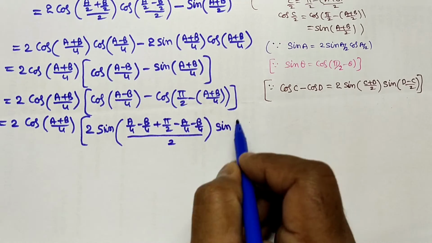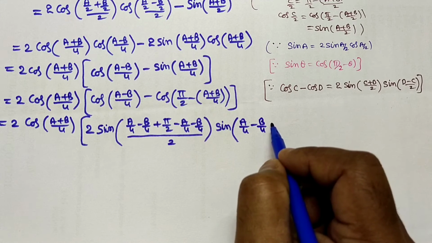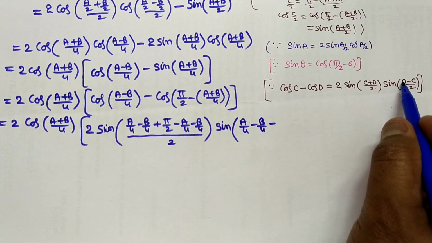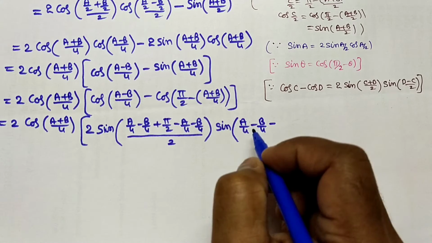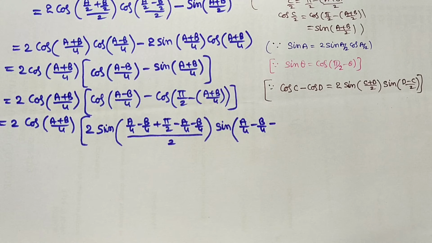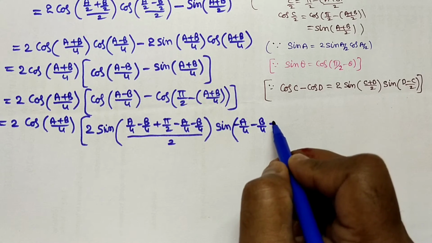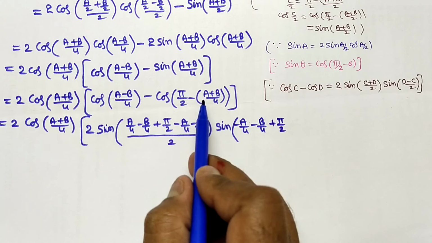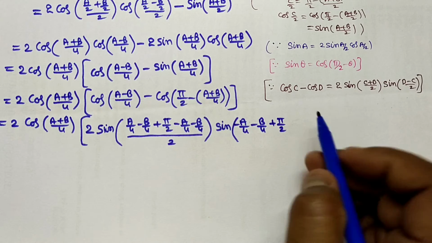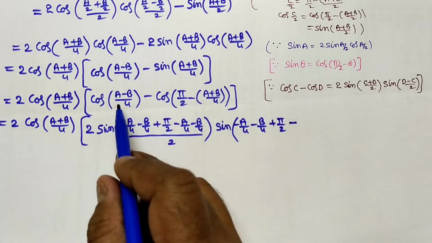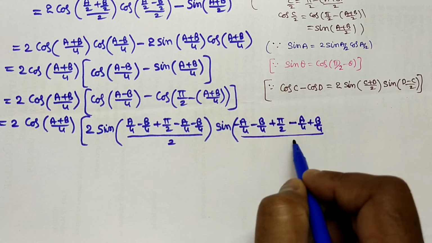Next, sin of a by 4 minus b by 4 minus, first c, d, d means this value. I forgot to write. So here (a plus b) by 4, minus a by 4 minus b by 4 plus pi by 2. This is d. Pi by 2 minus a by 4 minus b by 4 minus c. So minus a by 4 plus b by 4, minus of minus, whole divided by 2.